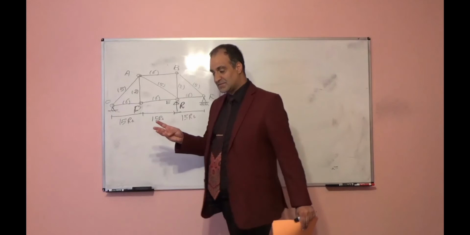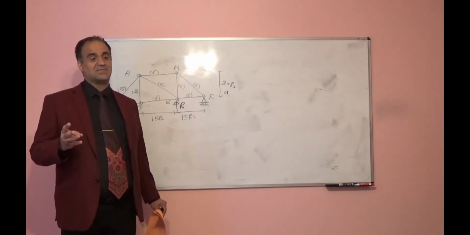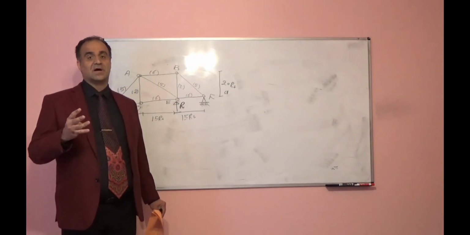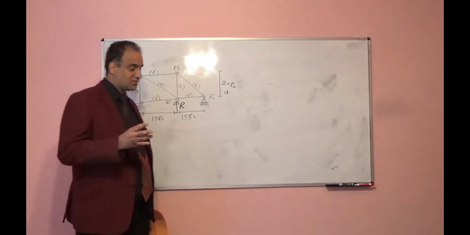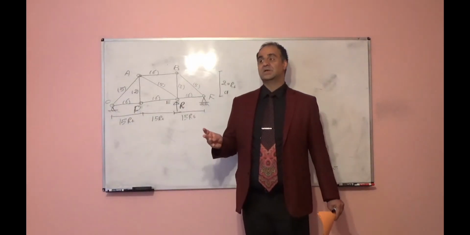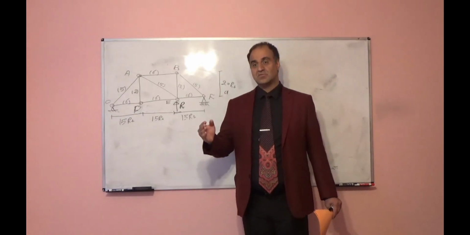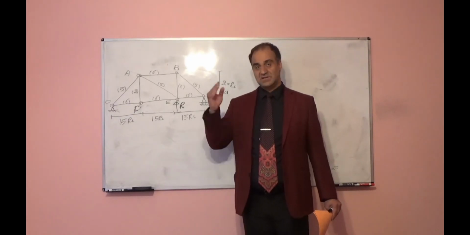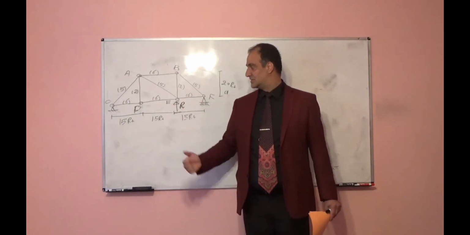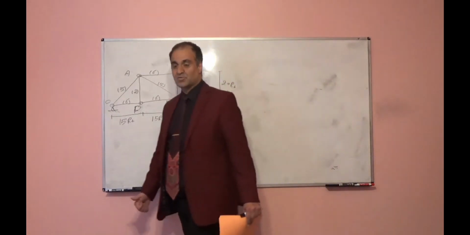I will find internal force in truss members under real load, then I will apply the virtual load at that location, and I will find internal force for each member under virtual load. Then I will multiply the force under real load times the force under virtual load times, for each member, length divided by EA. I will add together and find deflection, for example in this example, at point E downward.